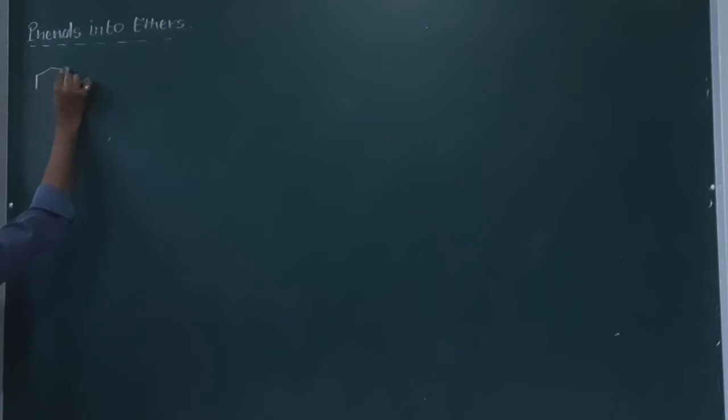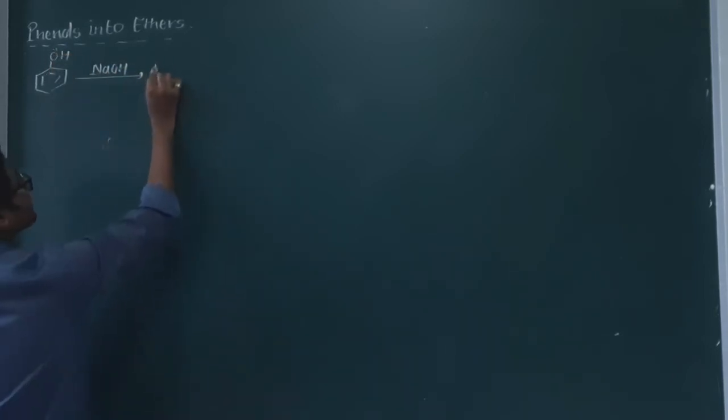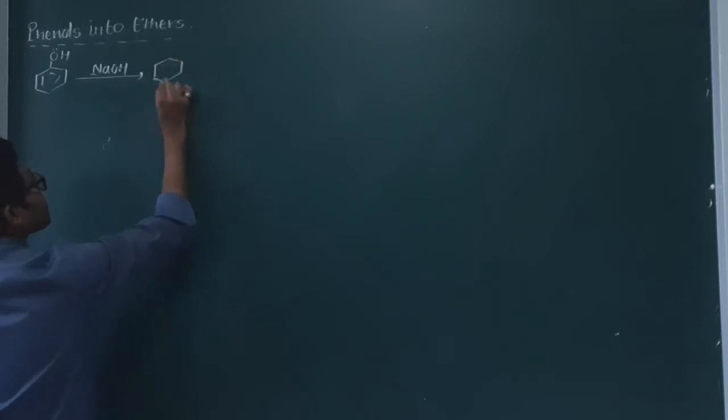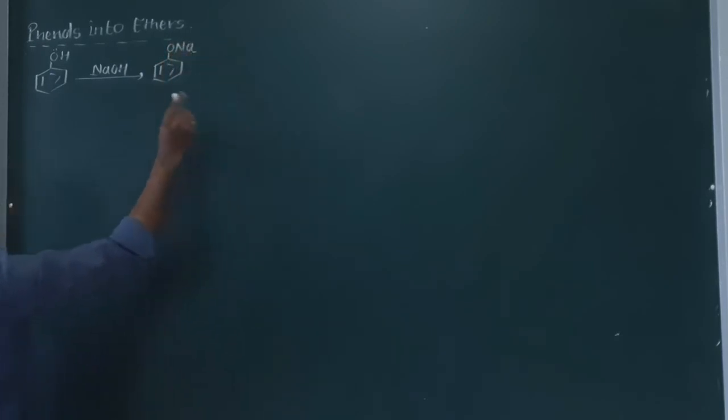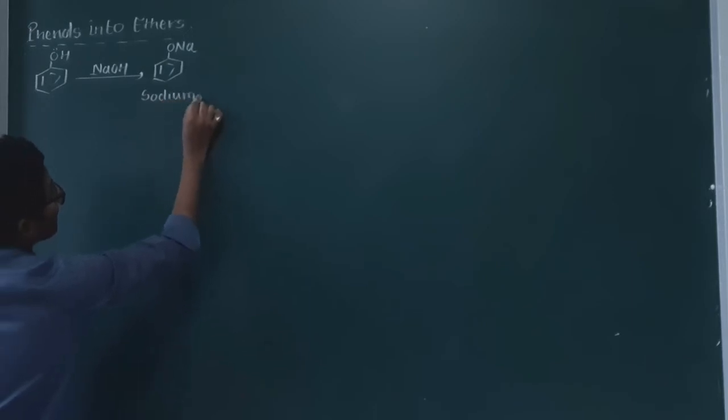In the first case, we take the phenol and react it with sodium hydroxide. When it reacts with sodium hydroxide, it gives rise to sodium phenoxide, that is C6H5ONa.